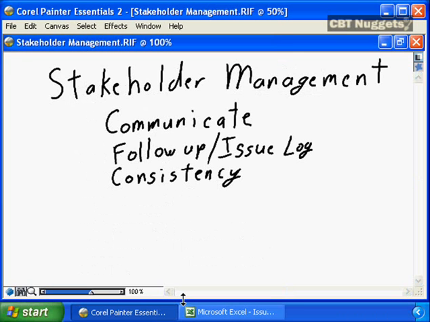The next process is managing stakeholder expectations, ensuring that we have effective management in place for all of our stakeholder expectations. Essentially, stakeholder management is ensured by communicating, communicating, communicating, and if you're really not sure that the message has been delivered properly, communicate one more time.